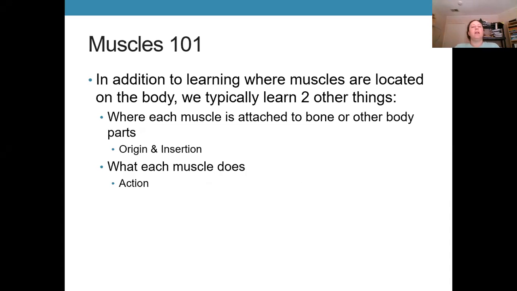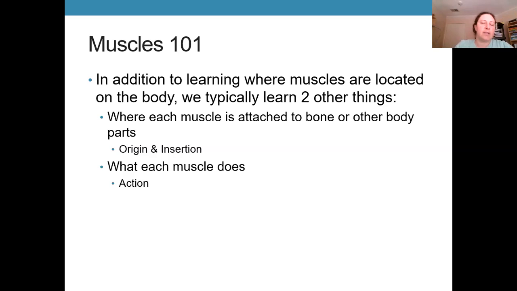So, all right. When we talk about muscle organs, like the actual specific ones in the body, there's a couple different things we like to know. So obviously we like to know the name of the muscle and where it actually is. And when we want to know where it actually is, it's not just a matter of pointing to it on a diagram.